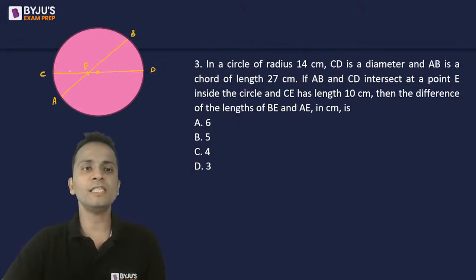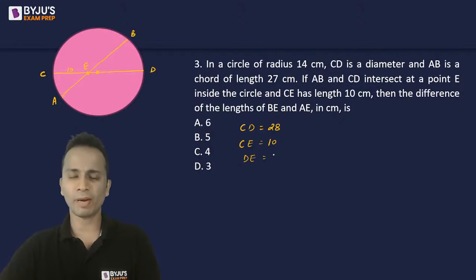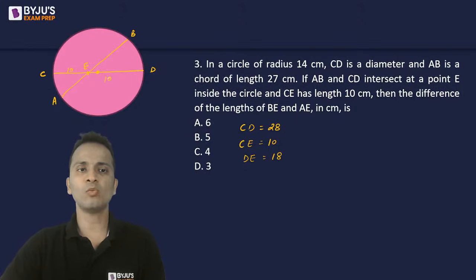Now, from the figure, CD can be written as 14 multiplied by 2, that is 28. So, if CD is 28 and CE is given as 10, then DE will be equal to 28 minus 10, that is 18. So this is 10 and this is 18.